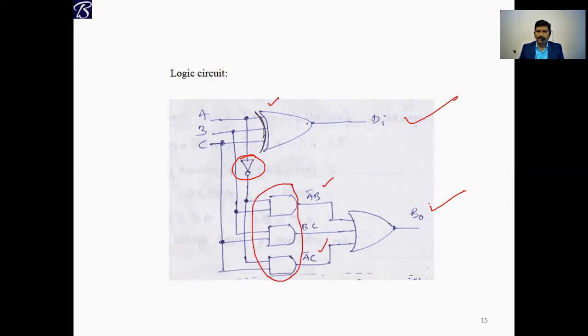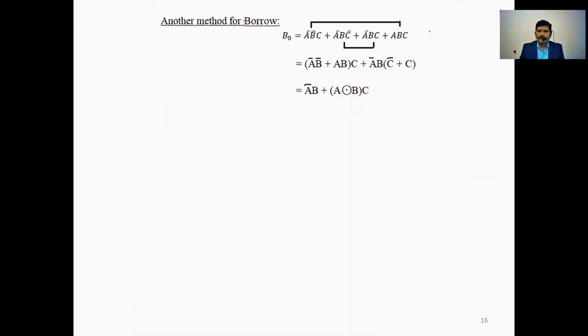There is one more way to obtain the expression for borrow, so that we can reduce one AND gate here. Take the expression for borrow and take the common terms. In the first and last term, C is common, and in the middle two terms, A bar B is common.